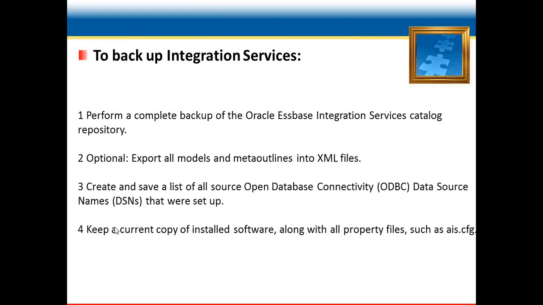I just added some points to backup, or we can say the steps I mentioned here. So first, perform a complete backup of the Oracle Essbase Integration Services catalog repository. And the second point is optional: export all models and metaoutlines into the XML file.